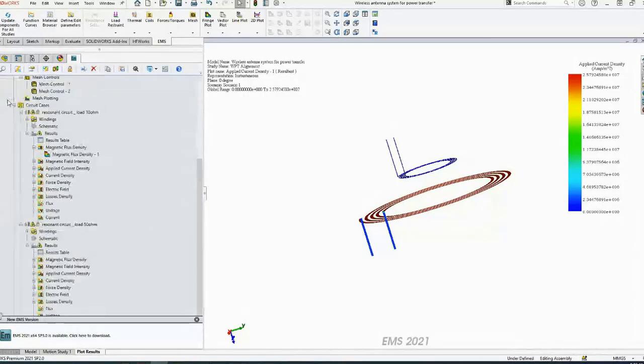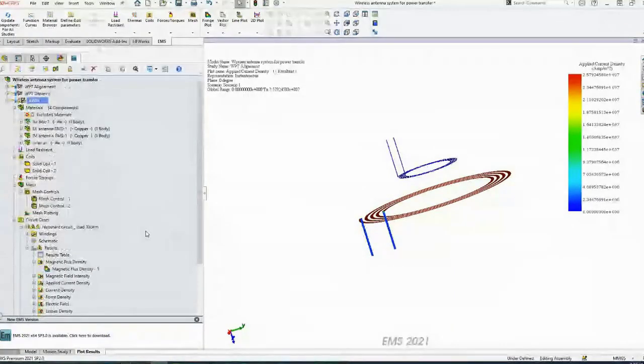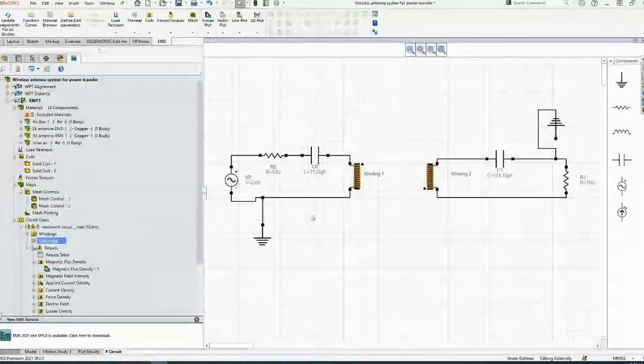In an effort to overcome the big dependence on distance and the low efficiency seen in standard wireless power transfer, the researchers had a genius idea: how about we add a capacitance?